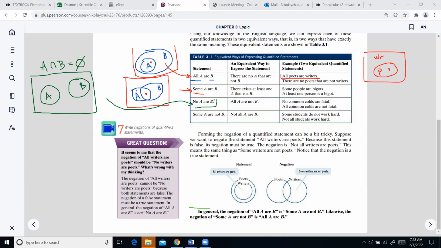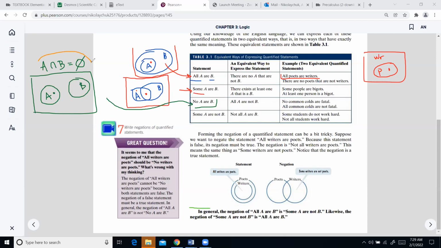First is what they wrote with words: no A are B. It means that whatever you find in A, it's not in B. That's the second way, the Venn diagram, which is probably the most intuitive. And a third way to write down exactly the same thing is shown here with the empty set.